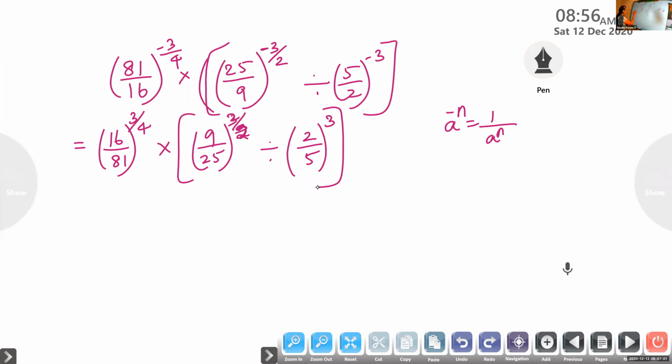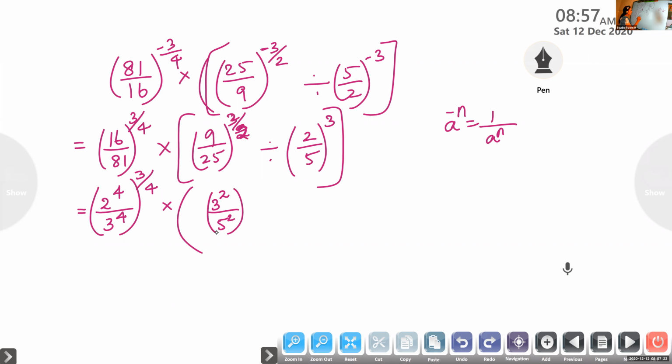Now, 16 and 81, how we can write? 2 raised to 4 and 3 raised to 4. Very good. It is 2 by 3 whole raised to 4, whole raised to 3 by 4, into 9 by 25. 9 means you can write this as 3 square by 5 square, whole raised to 3 by 2, divided by 2 by 5 the whole cube. So now here what happens?